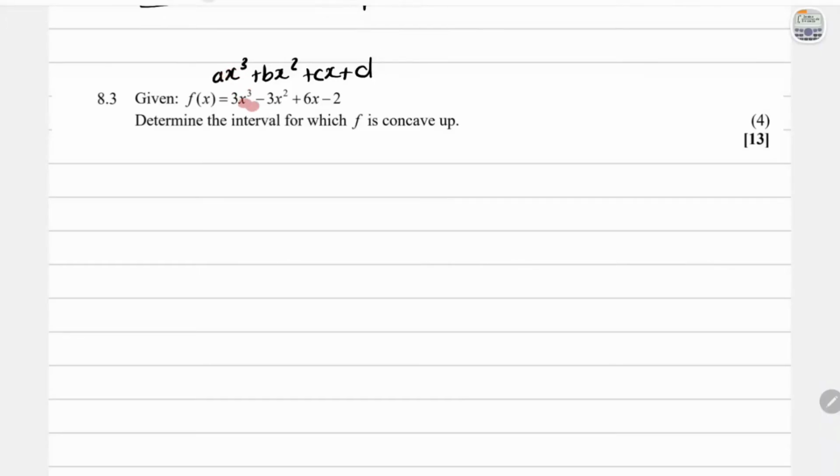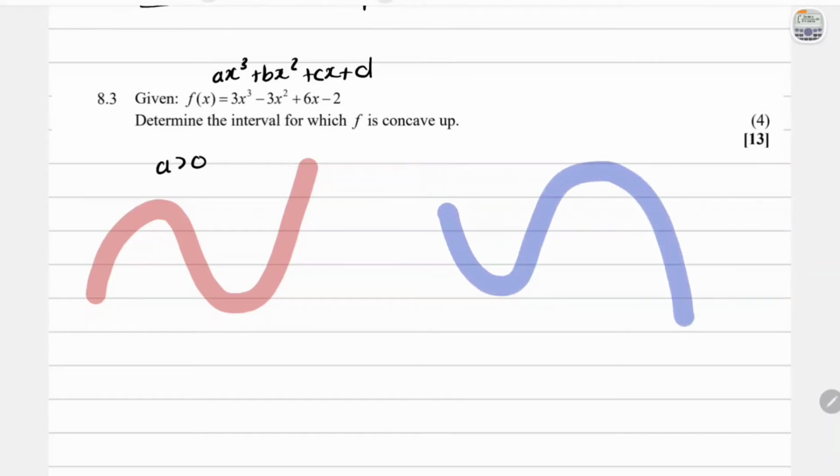So if a is positive, you have a cubic function that looks like an n. I have explained this before in my past exam paper videos. So that is if a is greater than 0. And if a is less than 0, you have a cubic function that looks like that. So it looks like a backwards n, really. Okay, so it looks like a capital letter N. And then this one looks like a backwards capital letter N.